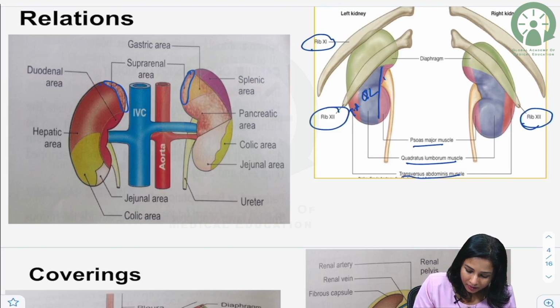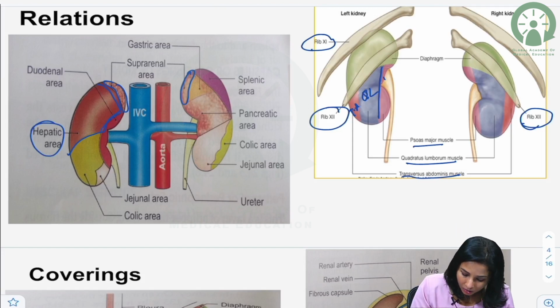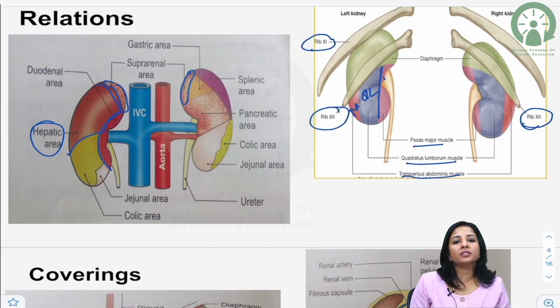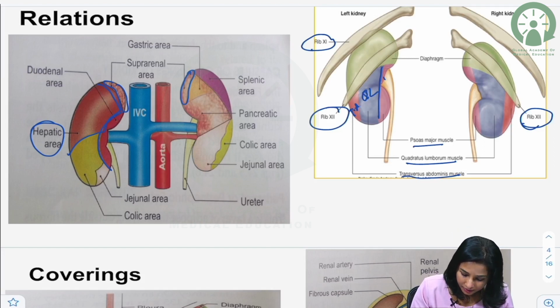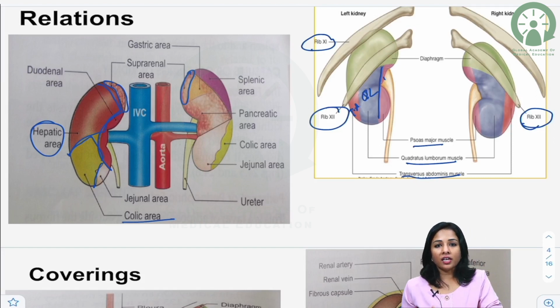But on the right side, the major part anteriorly is the hepatic area, which is related to the liver, and along the hilum it is related to the second part of the duodenum, and the rest of it is the colic and jejunal areas, where the hepatic flexure of colon is related, and jejunal coils of the small intestine.